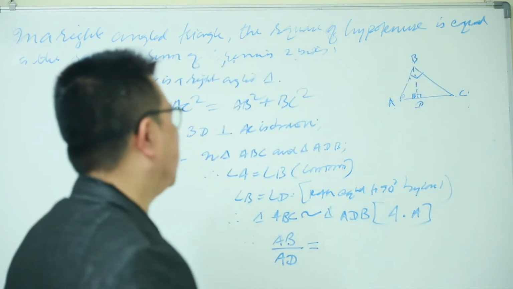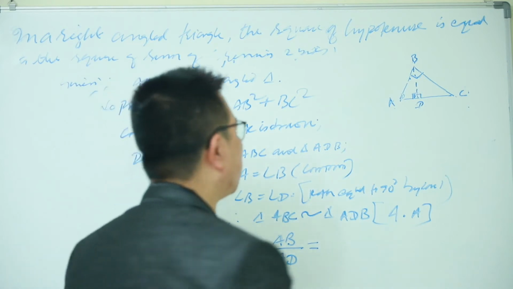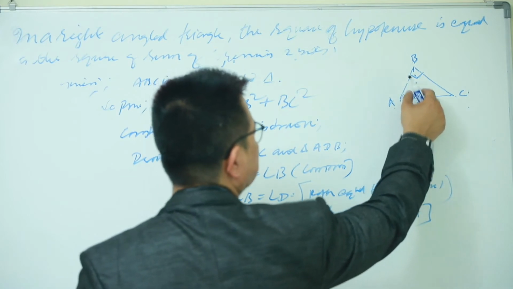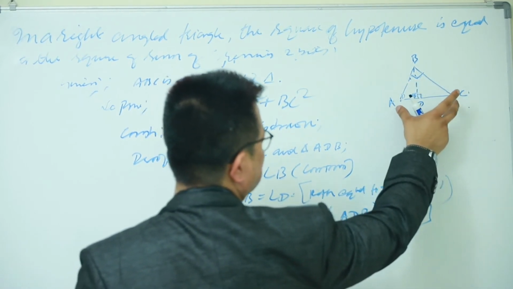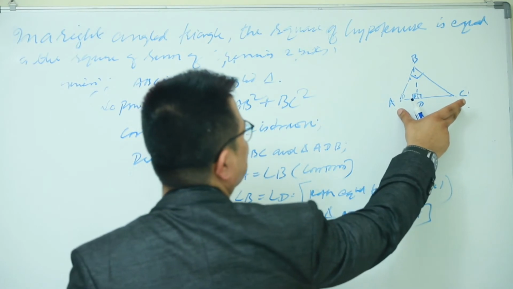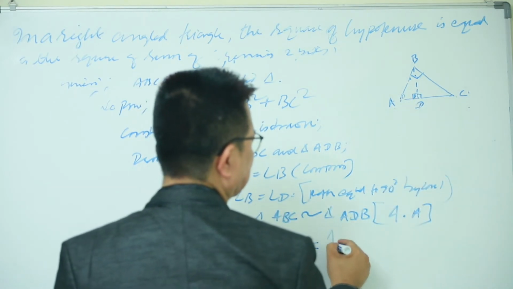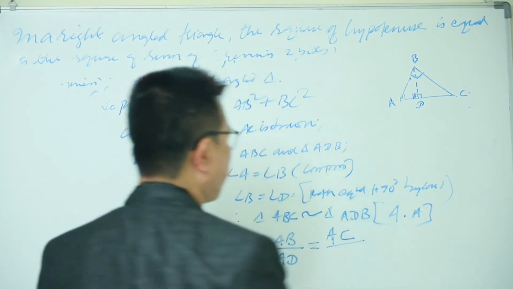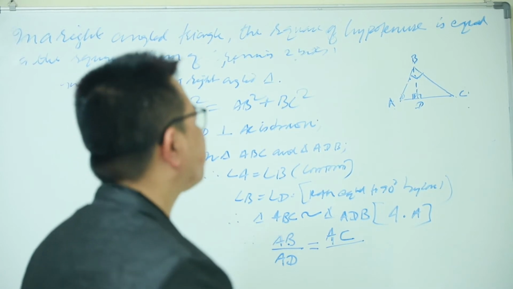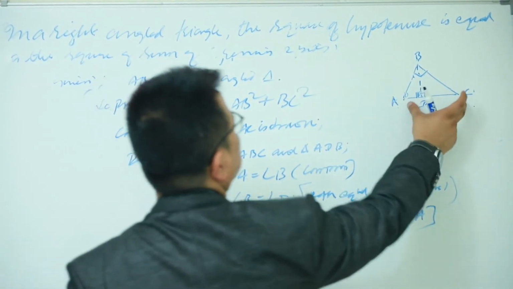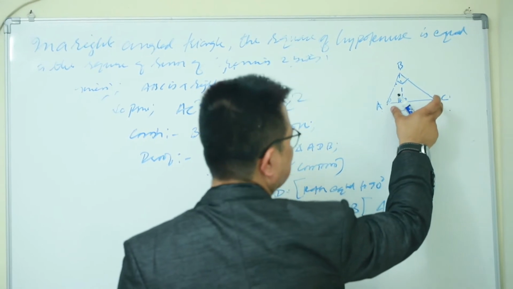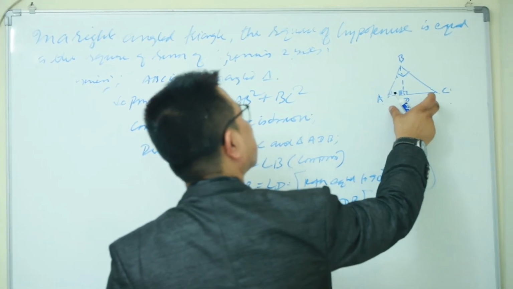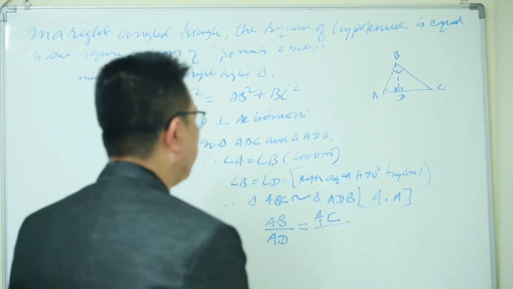So what is the other corresponding side? Take the side AC of the bigger triangle, AC by, and what is the corresponding side of this in the small triangle? AB.